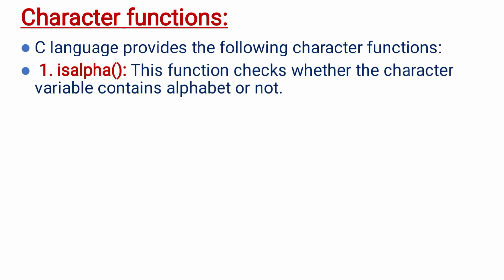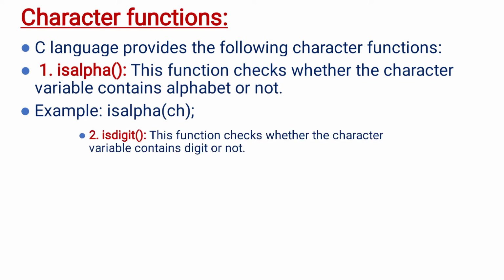The isAlpha function checks whether the character variable contains an alphabet or not. isAlpha means is alphabet. Let's see an example: isAlpha(ch). Here ch is the character variable. If the ch variable has an alphabet, this function returns true, otherwise it returns false.